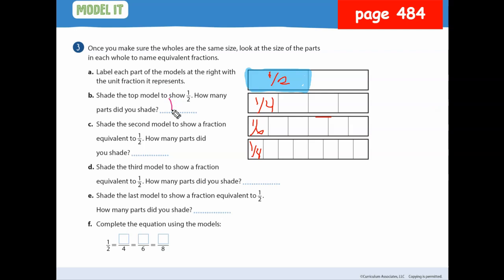Okay. Shade the second model to show a fraction equivalent to a half. So on this model right here, how many am I going to shade in to equal a half? 2. Okay. So how many parts did we shade? 2 of them.